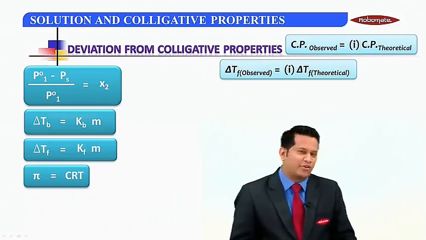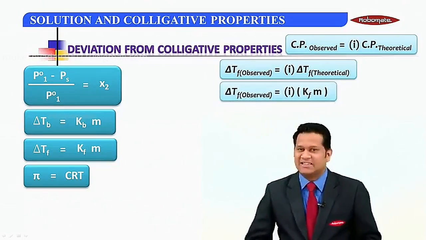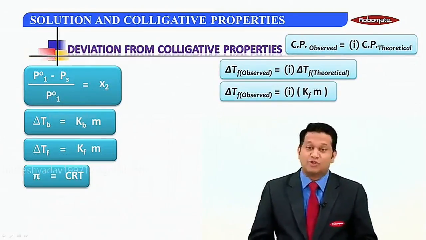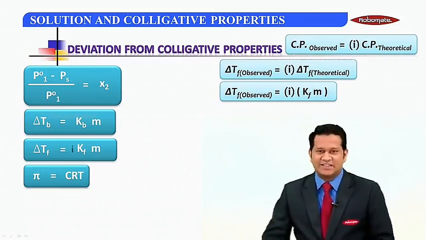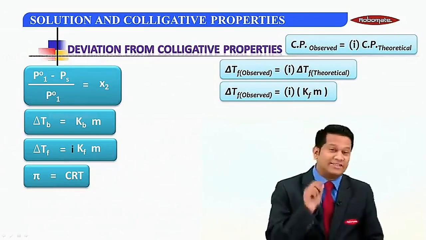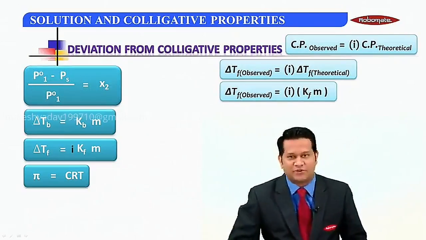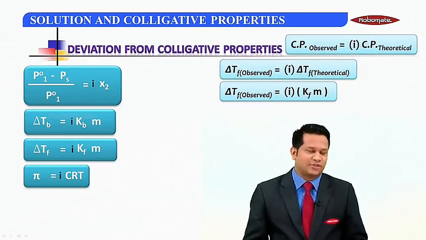Now delta Tf theoretical is given by Kf into small m, so delta Tf observed equals i into Kf m. So I have to multiply the right hand side by i. It simply means that in each of the four cases I have to multiply by the Van't Hoff factor.